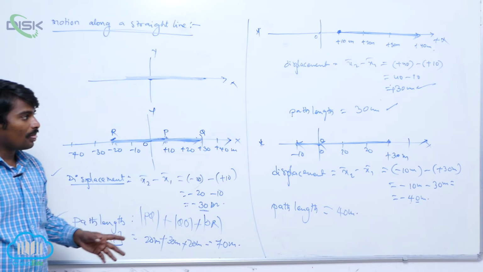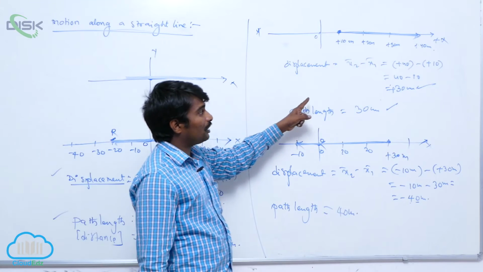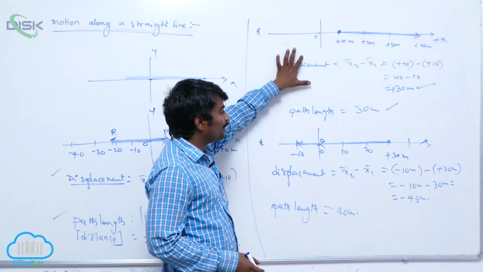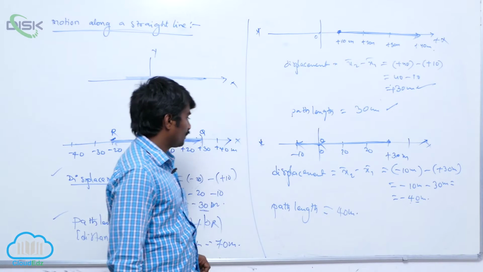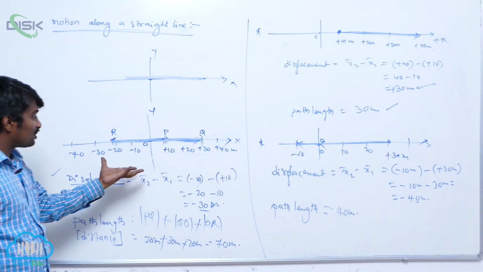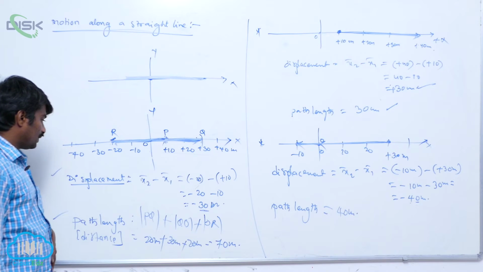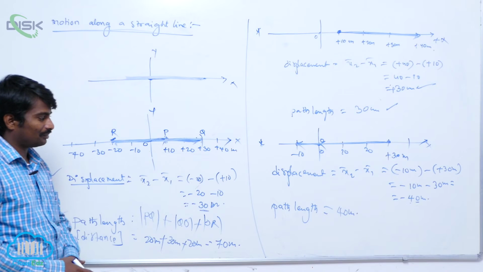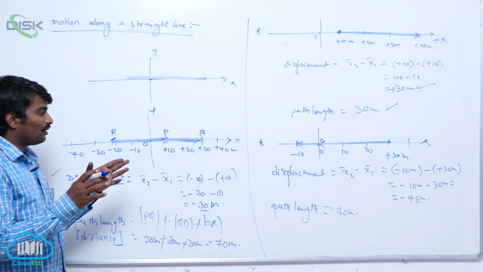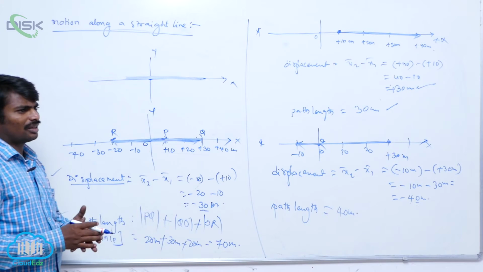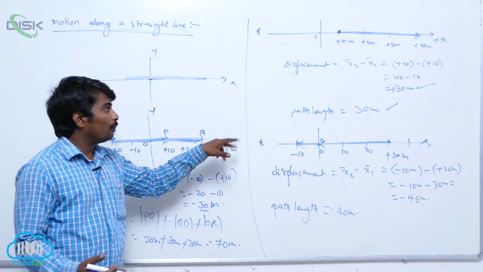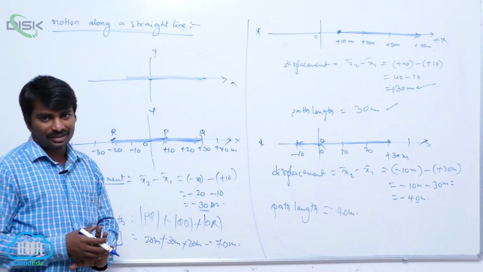That means if direction of motion does not change, then the magnitude of the displacement is equal to path length. If direction of motion changes, then magnitude of displacement is less than path length. So in every case only two situations, either direction of motion changes or does not change. Does not change, magnitude of displacement is same as path length.